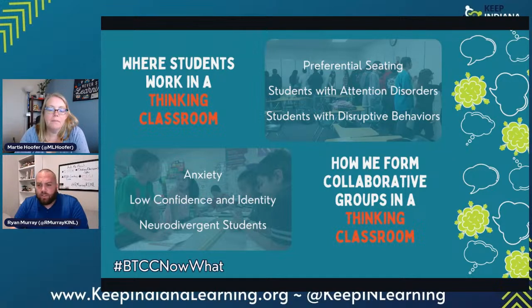Then I wanted to focus on collaborative groups, how we form collaborative groups. And I love the idea of visibly random grouping for a lot of reasons. If we think about students with anxiety, we've been in classrooms before where you say, we're going to get in groups of 3 or get in groups of 5 or whatever it is. And there's the student that throws the hood up.